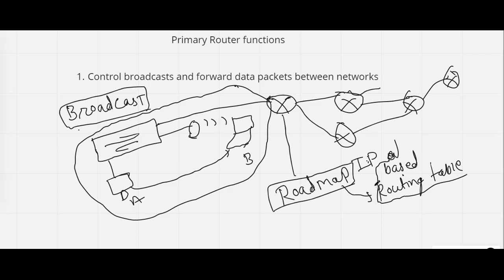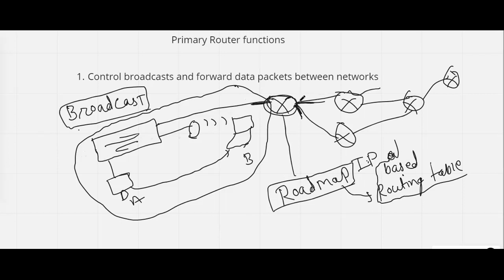What is the internet? The internet is a network of networks. Suppose this is a router. Every interface of the router is a network. Suppose this router has three interfaces, one, two, three.